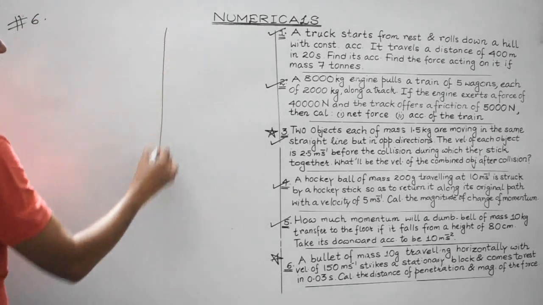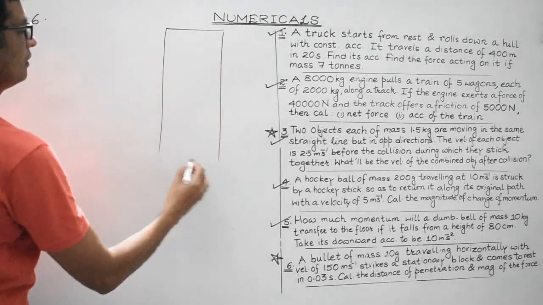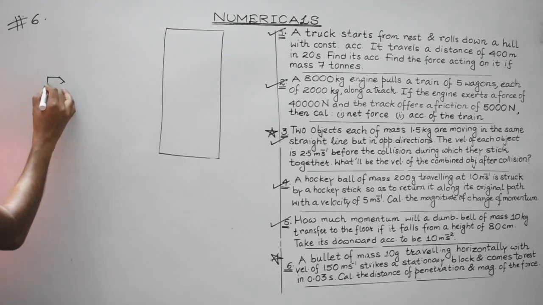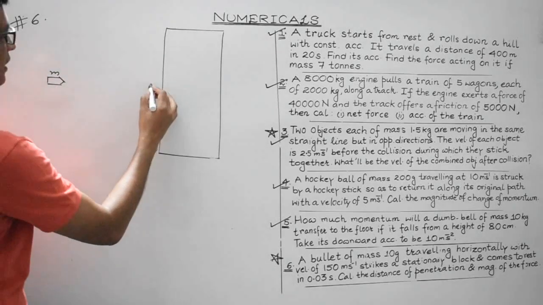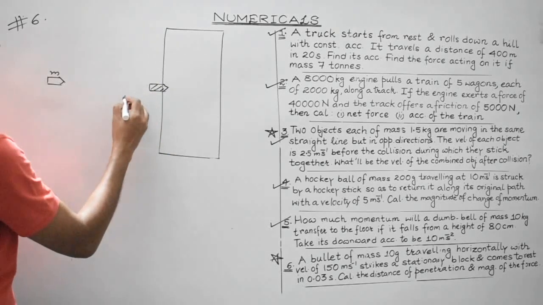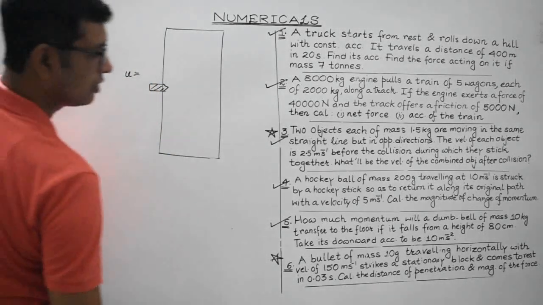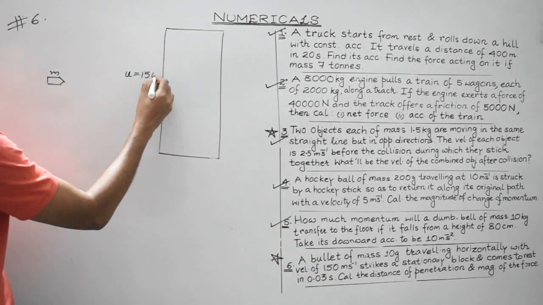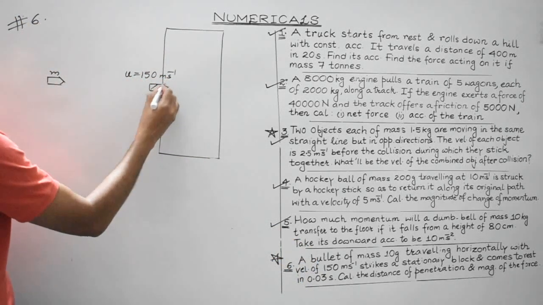Suppose this is the wooden plank. So the bullet is fired. As it enters the wooden plank, its initial velocity is given to be 150 meter per second.